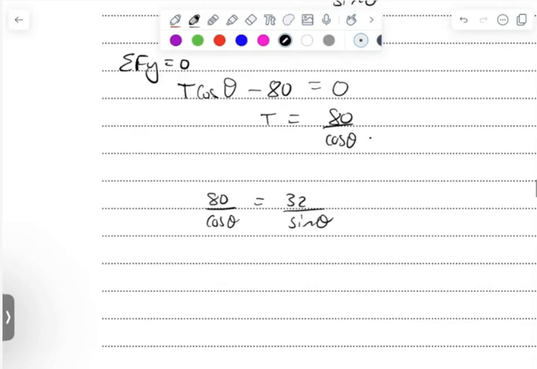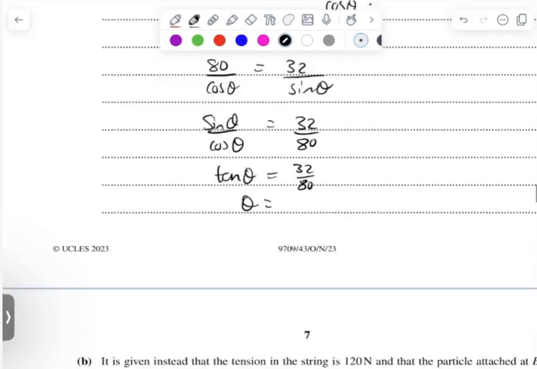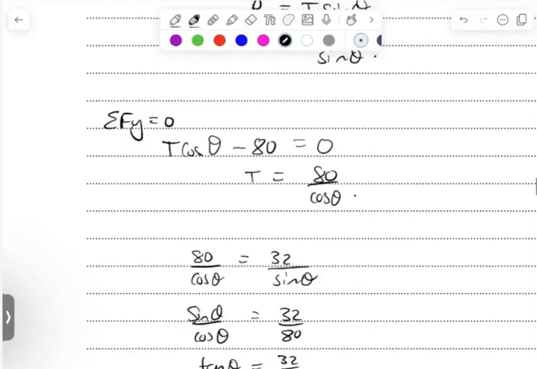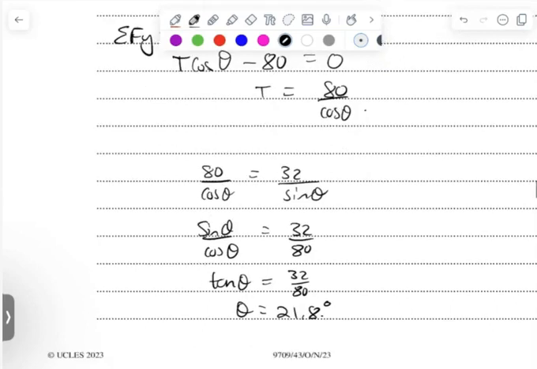Okay, I've got one sine and one cos on each side. So if I multiply my sine through, that becomes tan theta. And we can then work out theta. So inverse tan of 32 over 80 is 21.8 degrees.